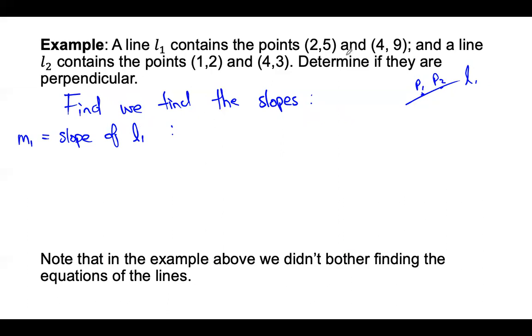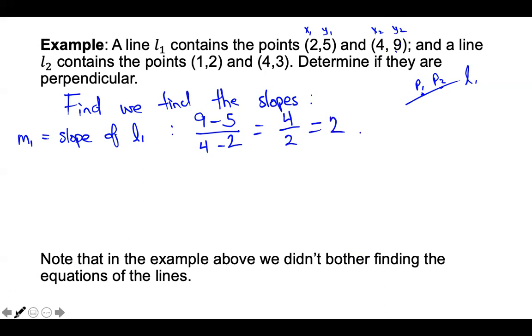So let's write that down. We could write X1, Y1, X2, Y2. So 9 subtract 5 divided by 4 subtract 2. So this would be 4 divided by 2 equals 2. So that's the first one.